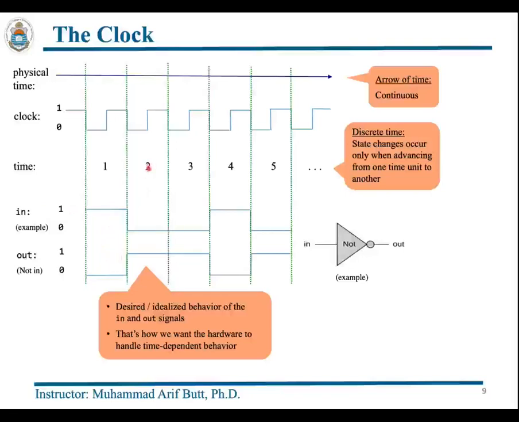Similarly, at time unit 2, the in input of this NOT gate is low or 0. So the output shown over here at time 2 is 1. And this process goes on. Well, dear students, this is the ideal or desired behavior of the in and the out signals.